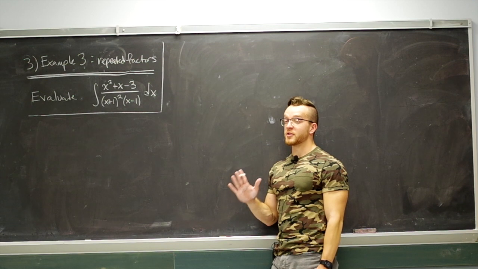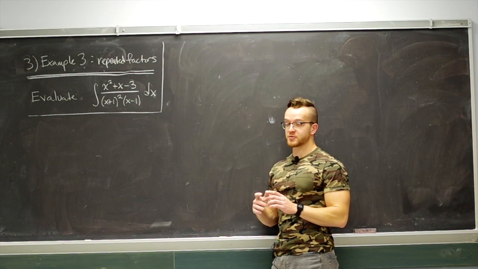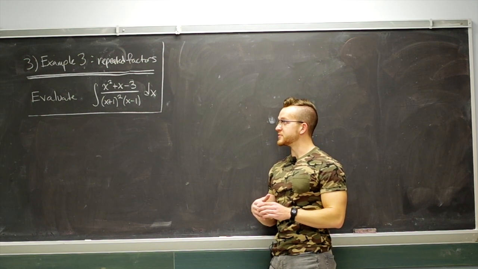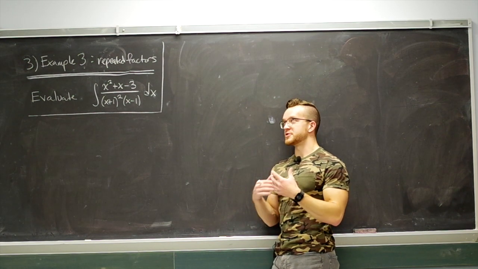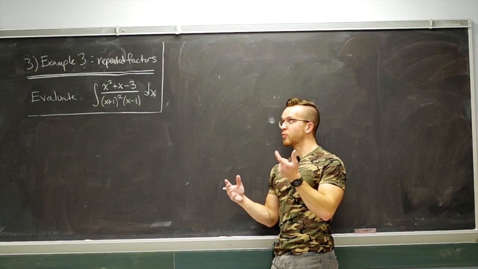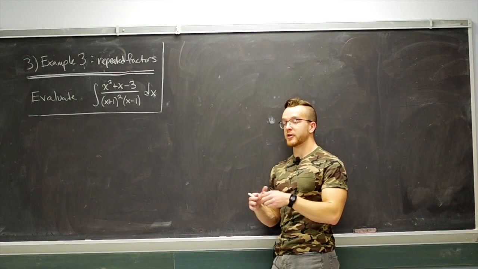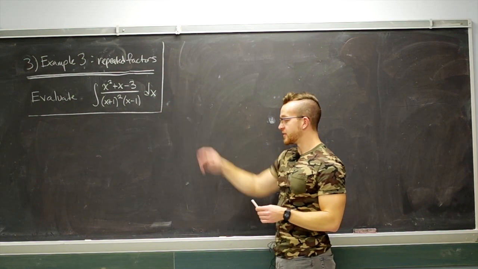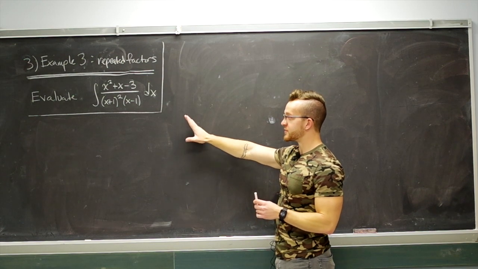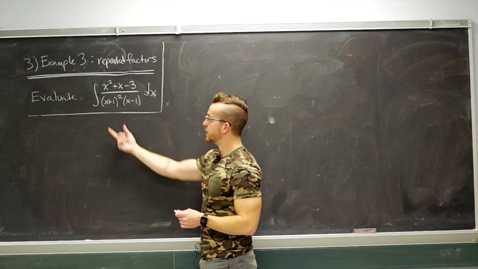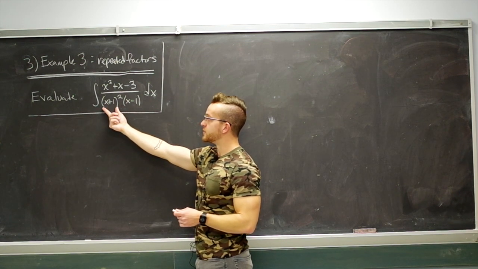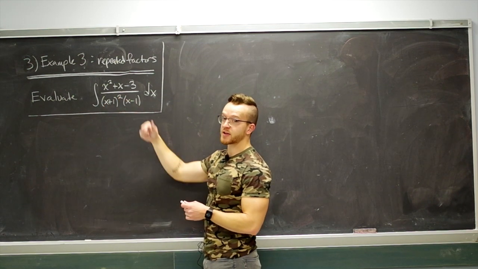Okay, the next complication that can arise when you do partial fractions problems is something called repeated factors. In other words, you factor the denominator and you have one factor appearing multiple times. This is exactly the case here. So the integral that we're working with in this next example is x squared plus x minus 3 over quantity x plus 1 squared times x minus 1.